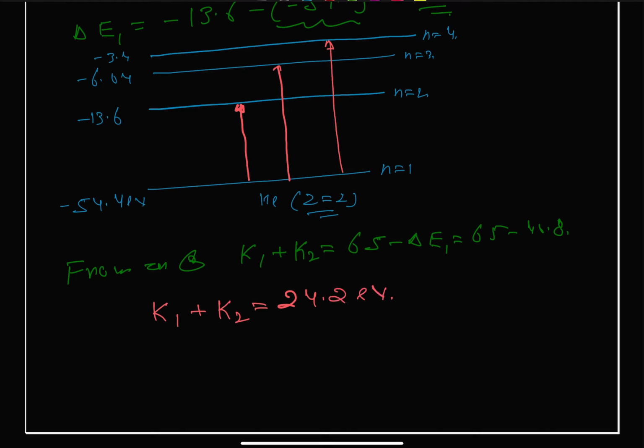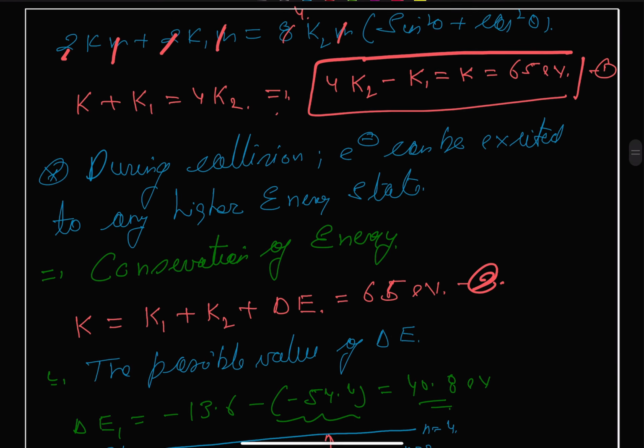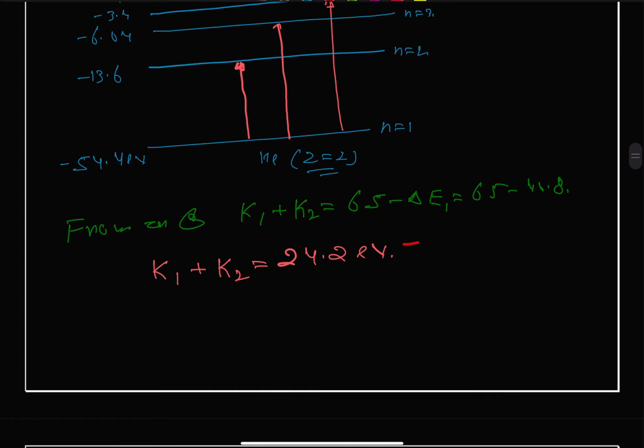And now we have two equations, equation number 1, and let us call this equation number 3. So from equation 1 and 3 we can easily find out our K1 and K2.